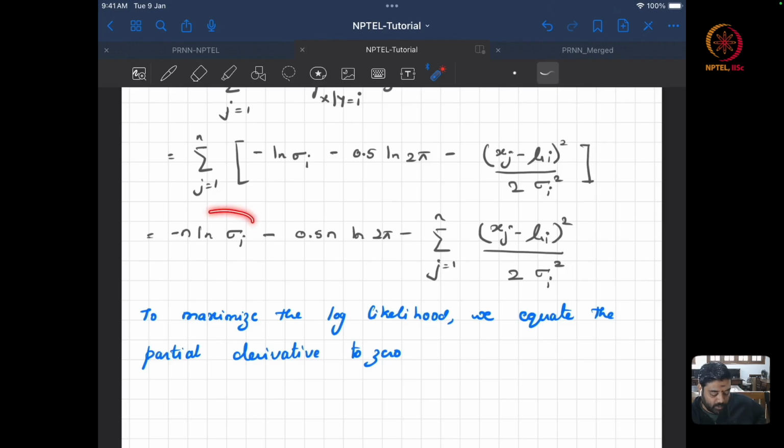So now the derivative with respect to sigma i will be 1 over sigma i. For sigma i square, it will be 1 over sigma i cube. Okay, so you take care of all of them.